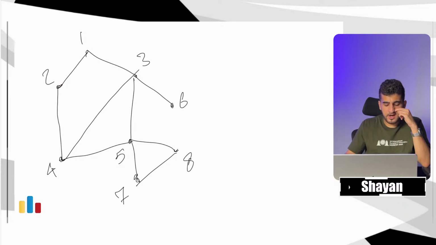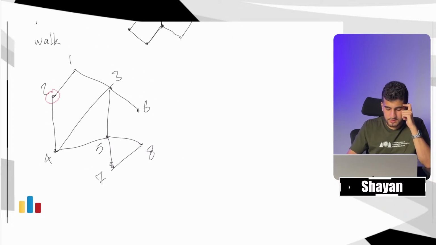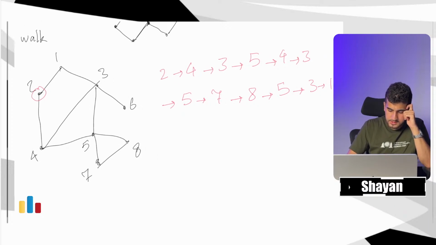For example, a walk in here is that if we start from vertex 2, we can go to 4, then to 3, then to 5, then back to 4, then to 3, then to 5, then to 7, then to 8, then to 5, then to 3 again, and then to 1. This is a walk.